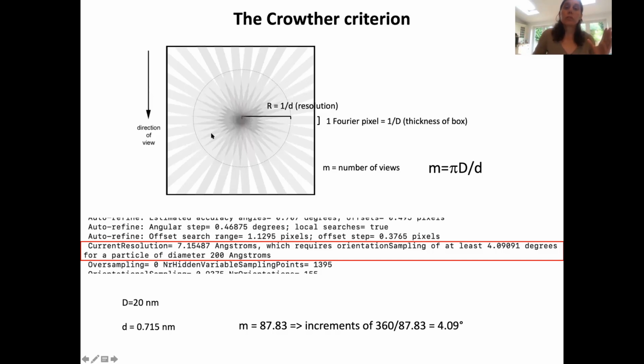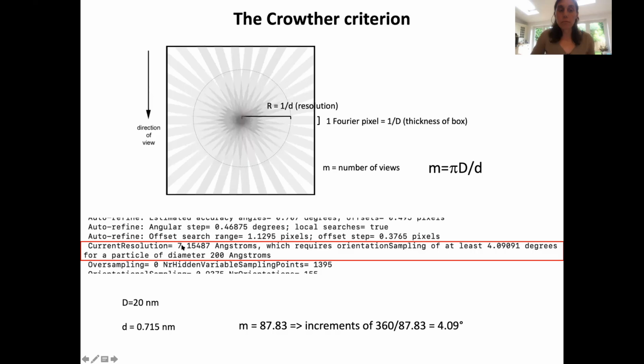And it's also important in single particle because it allows us to decide what the angular sampling should be for a reconstruction if we want to achieve a certain resolution. So here is the formula for that. It's really very basic geometry, so you can take some time to look at this.